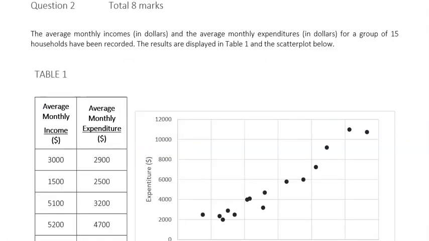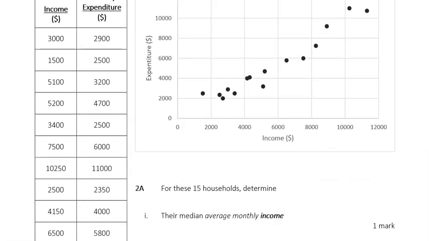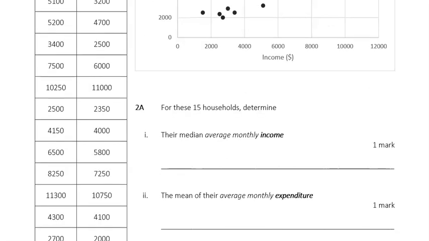Question 2. The average monthly income in dollars and the average monthly expenditure in dollars for a group of 15 households have been recorded. The results are displayed in Table 1 and the scatter plot below. For these 15 households, determine the median average monthly income and their mean average monthly expenditure.